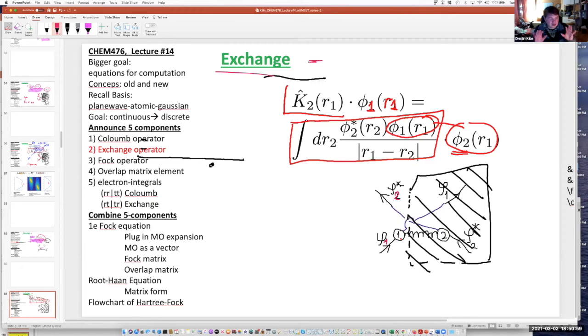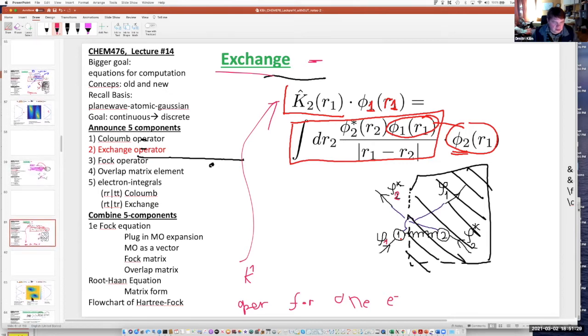But the only good thing that I want to admit is that this object K, although it is quite crazy, is a one-electron operator.